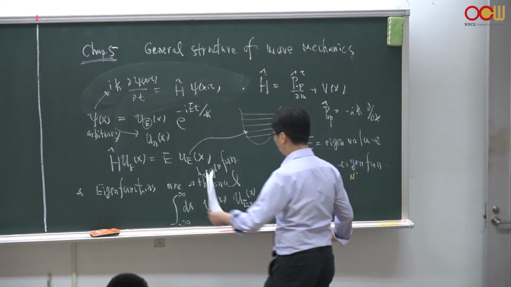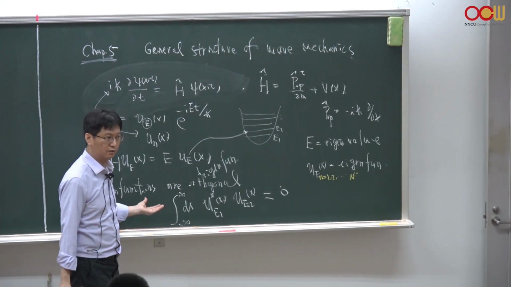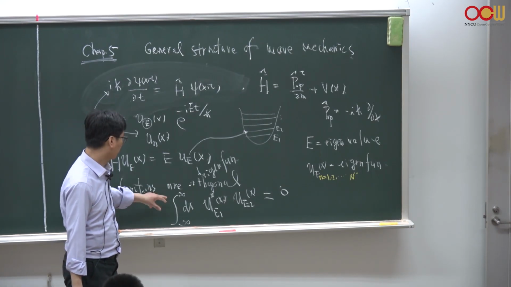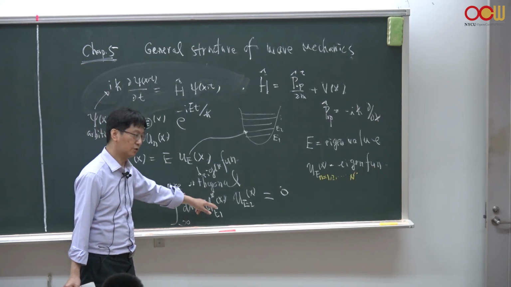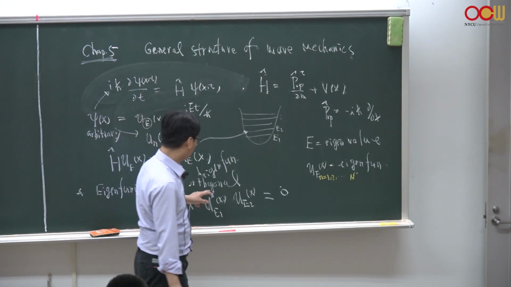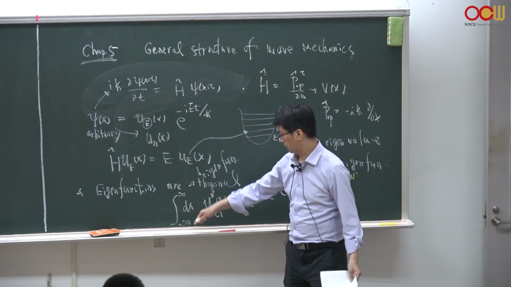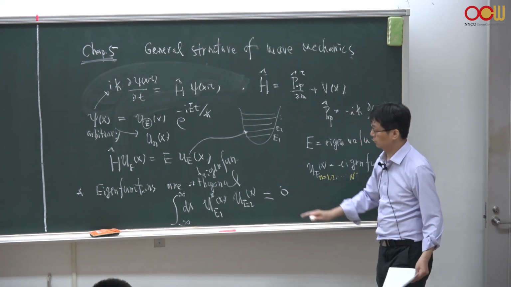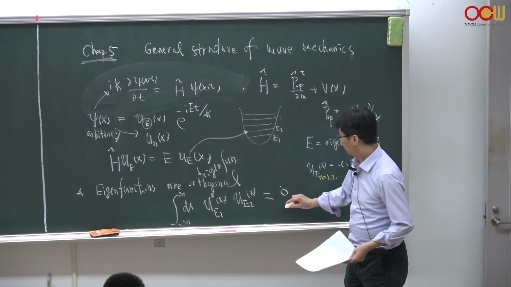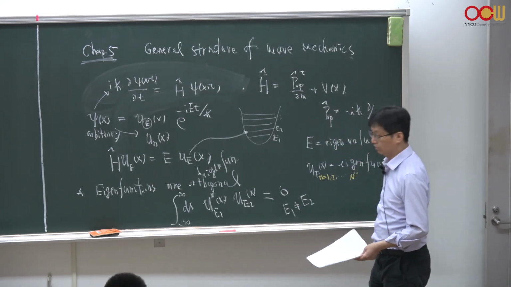All these problems should obey such an orthogonal condition for different eigenstates. If you take this integral of u_E1 star times u_E2 over all space, you find that this is 0, provided that E1 is not the same as E2, which means that there is no degeneracy.